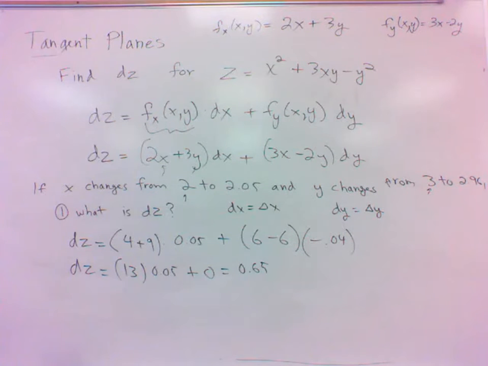Now, dx, delta x, dy, and delta y are the same, but dz and delta z are going to be slightly different, right? So what about delta z? What is delta z?